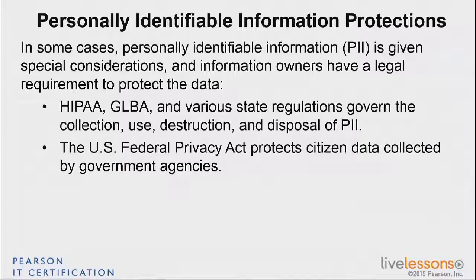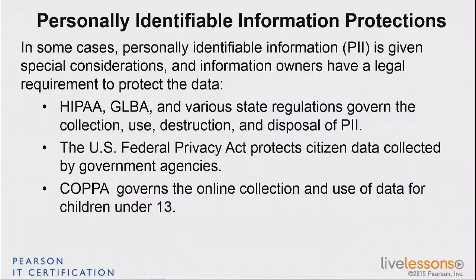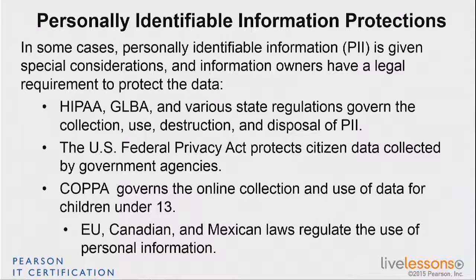The U.S. Federal Privacy Act protects citizen data collected by government agencies, and COPPA, which we talked about earlier in Lesson 1, governs the online collection and the use of data for children under 13. In addition, the European Union, Canada, and Mexico have some very strict laws that regulate the use of personal information, and we looked at those in Lesson 1 as well.